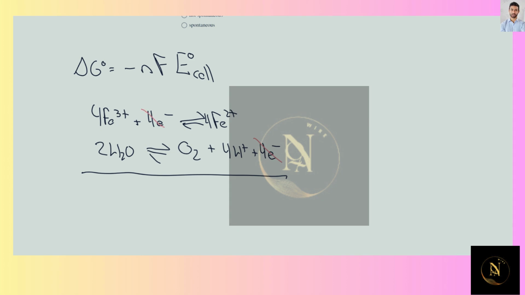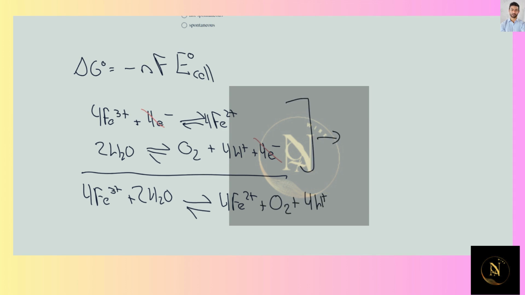And the reaction that we're going to get is the initial balanced reaction that was required: 4 of iron 2 plus, O2, plus 4H plus. That means that the value for n needs to be equal to 4.